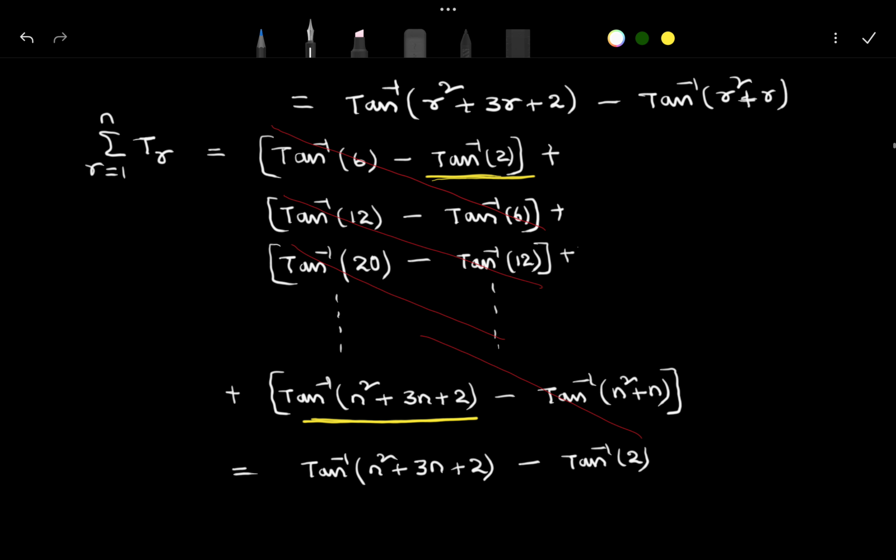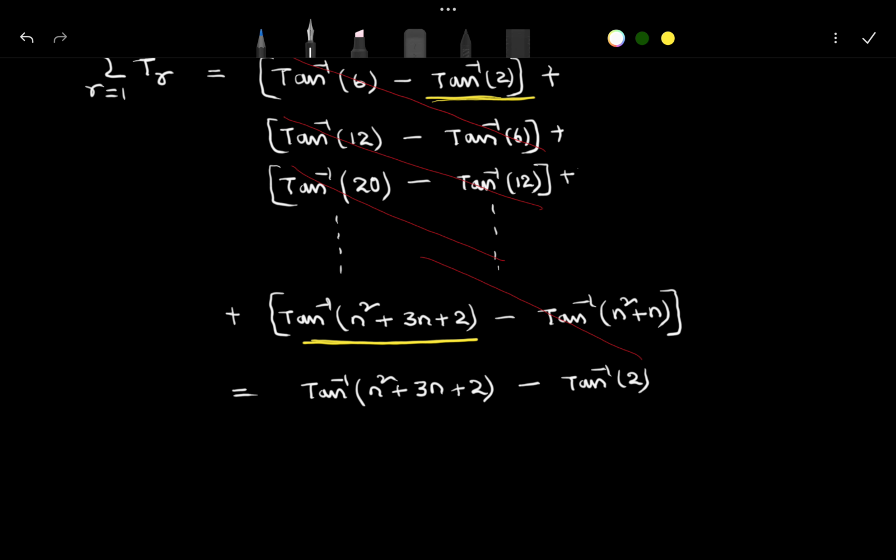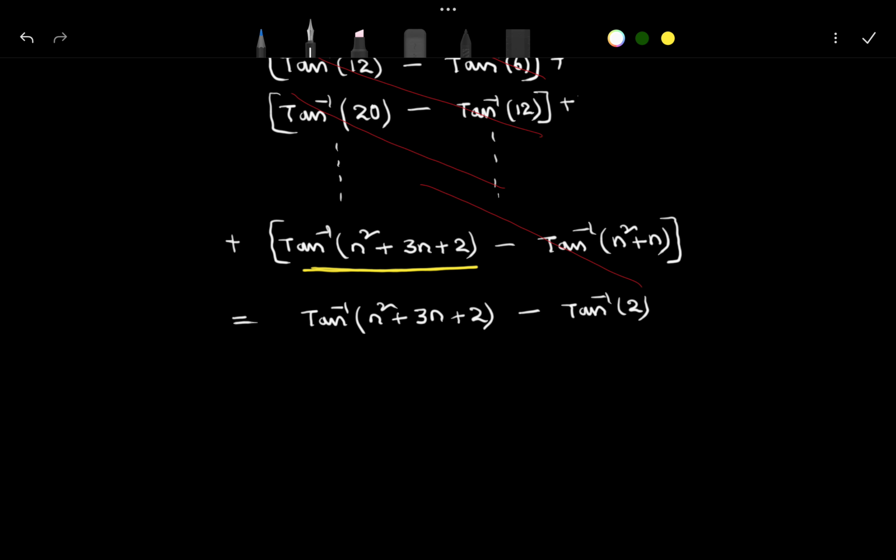Now this is the sum of the n terms. After finding it, you take the limit n tends to infinity. So the sum of the infinite terms, S infinity, is equal to limit n tends to infinity of sigma r equals 1 to n of t suffix r.